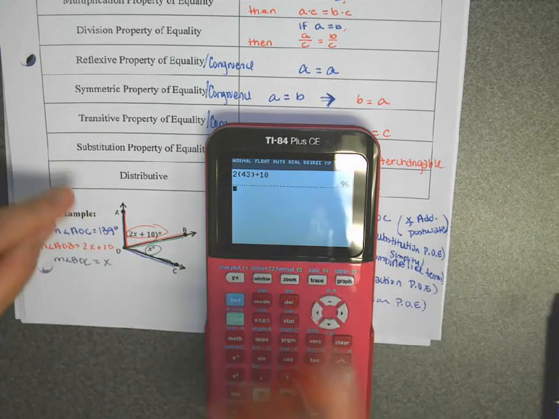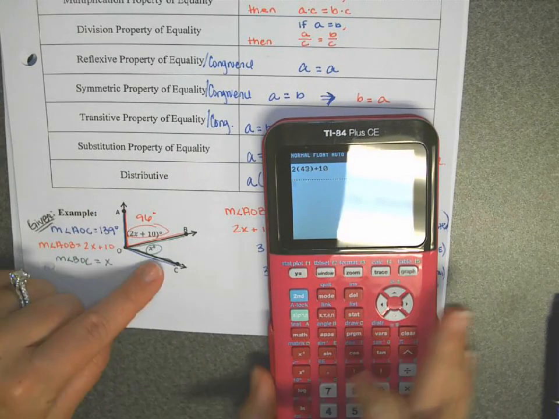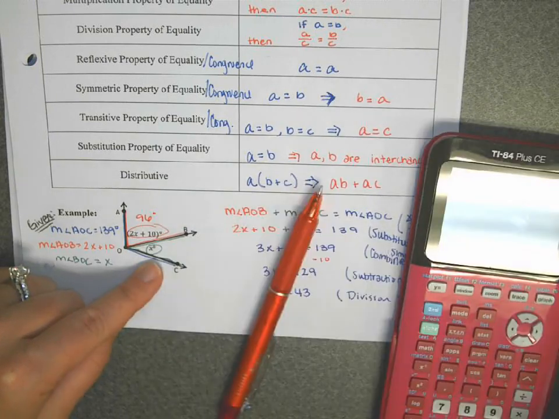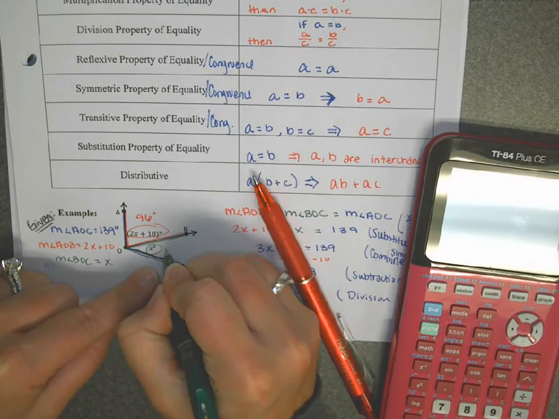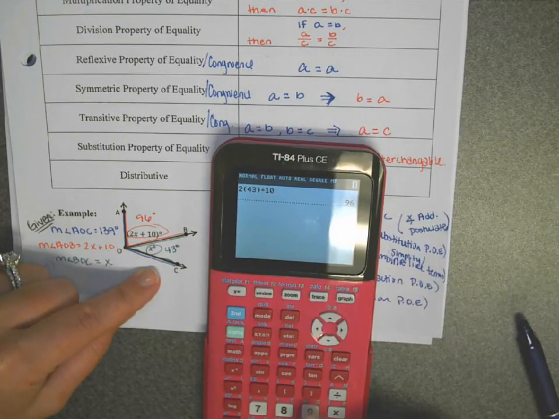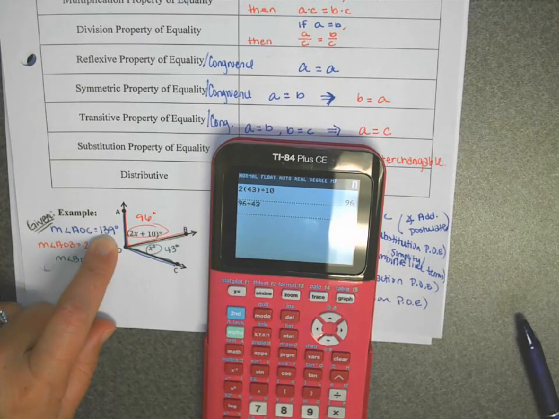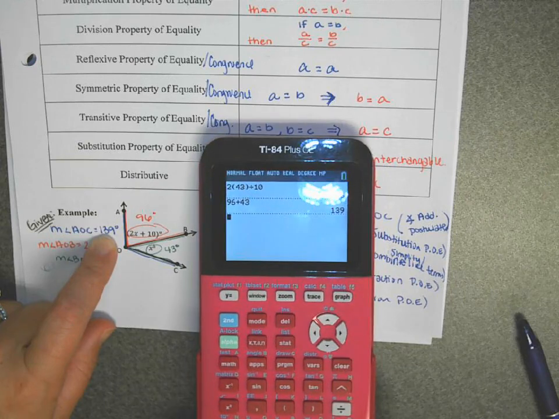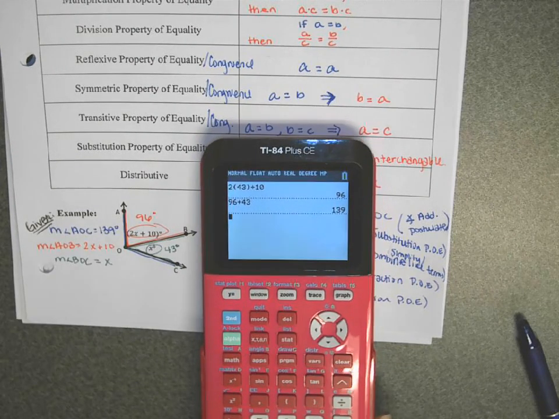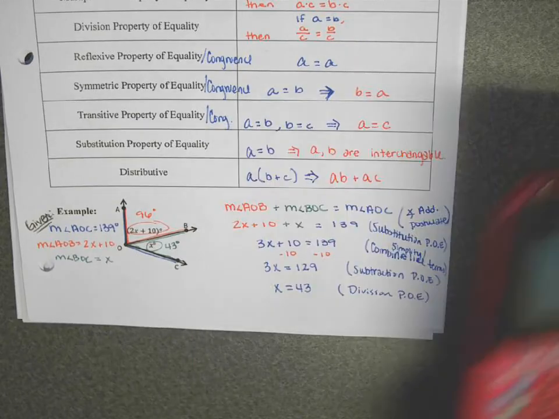So if I label this as 96 degrees, and then x was 43, so this would be labeled 43 degrees. We can double check that 96 and 43 add up to 139, which they do. And so now I'm confident that I did that right. Okay. Does that make sense?